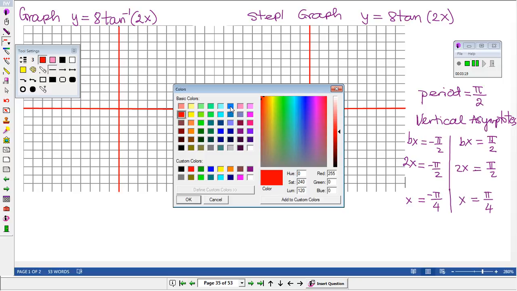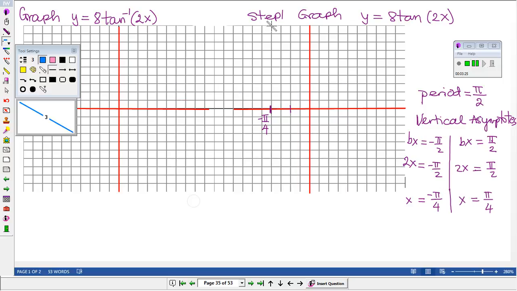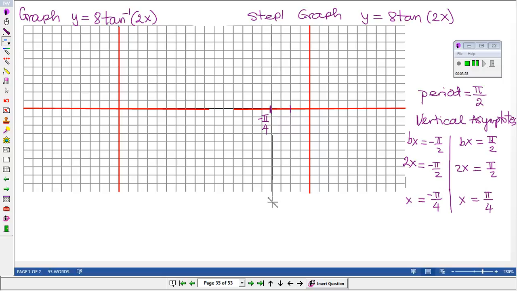Let me go ahead and plot that line for you. Then the second vertical asymptote will be pi over 4.